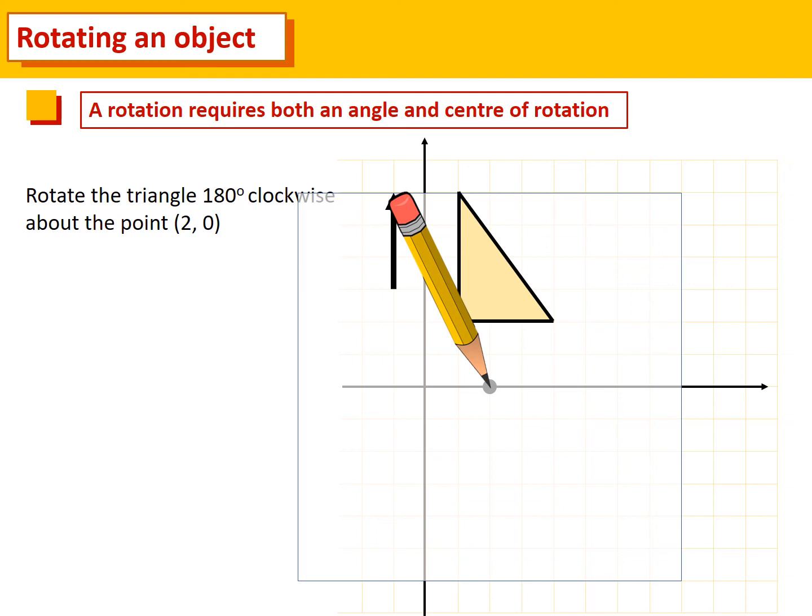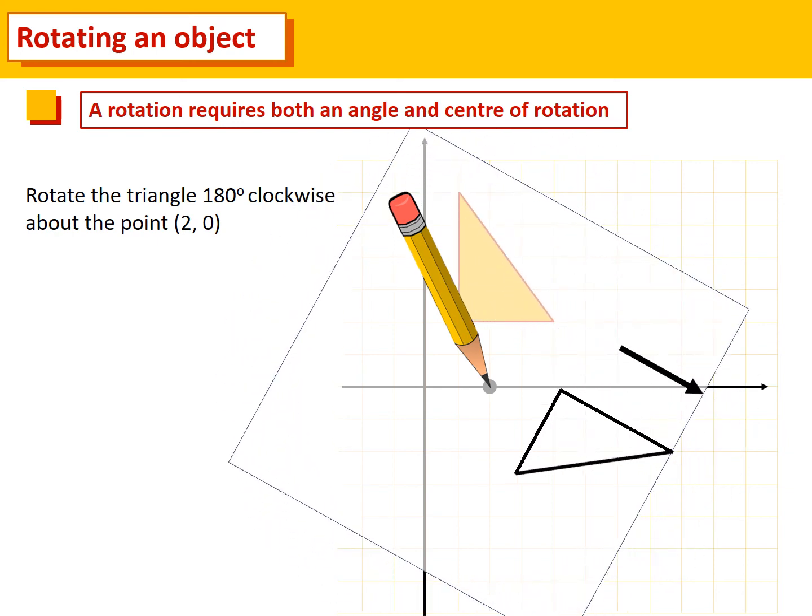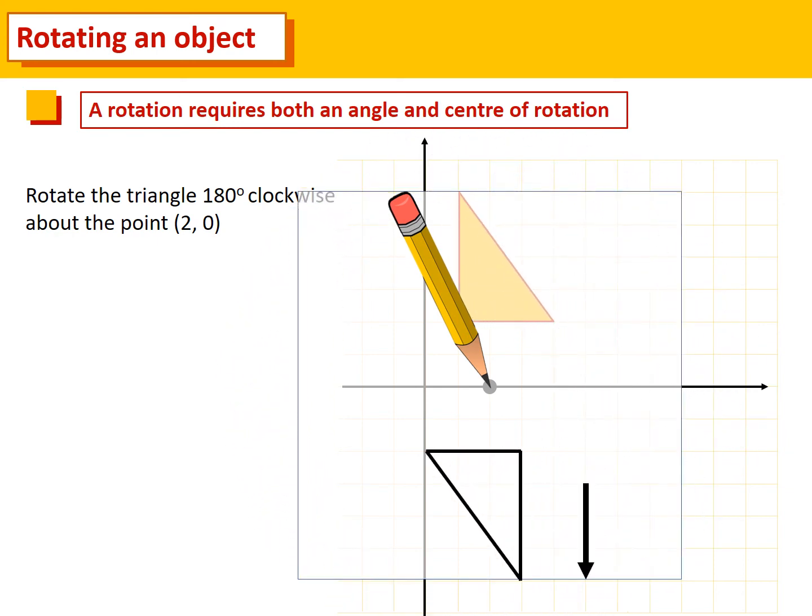Try not to let the tracing paper slip as you rotate it, and remember the north line, as it's turned through 180 degrees, should end up facing south. And there it is facing south, so we now know the triangle on our tracing paper represents the image, which is the object after it has been rotated.